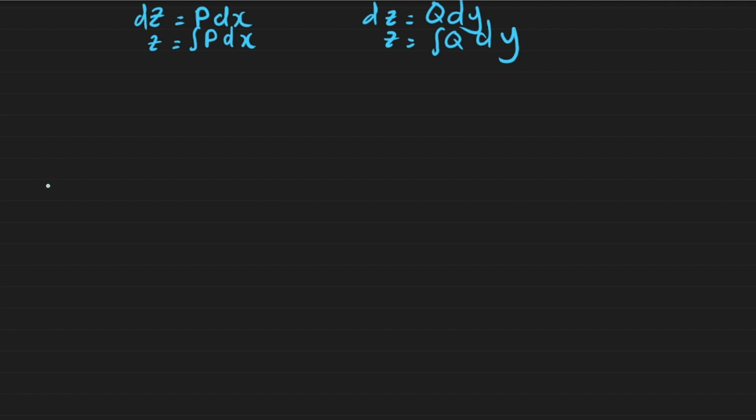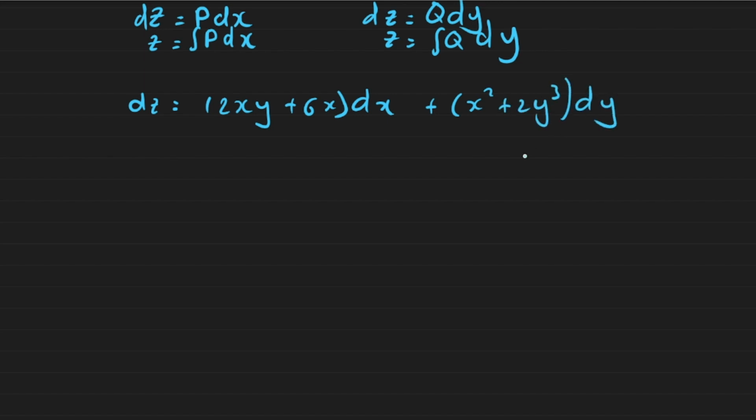So that example is dz is equal to (2xy plus 6x) dx plus (x squared plus 2y cubed) dy. As before, we let the first term equal p and the second term equal q.